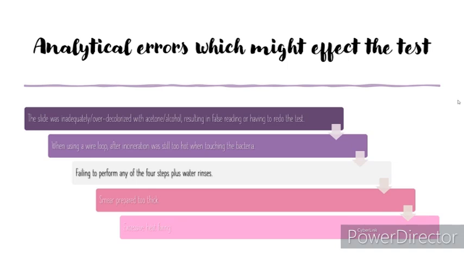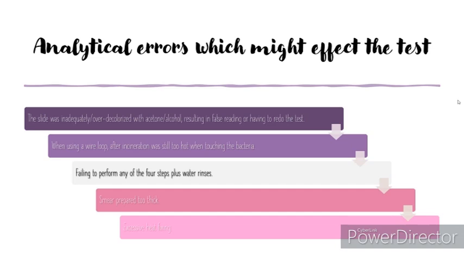Many analytical errors that could affect the test would be the slide being inadequately or over decolorized with the acetone/alcohol mixture, and this results in a false reading or having to redo the test. Most likely having to redo the test if you catch yourself not decolorizing it quickly, or not catching yourself.